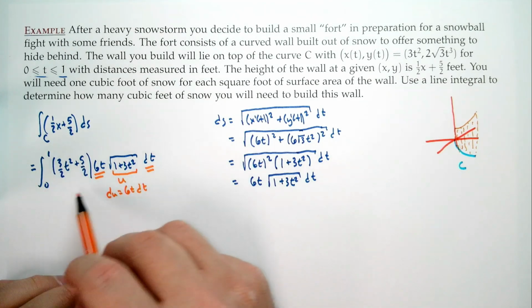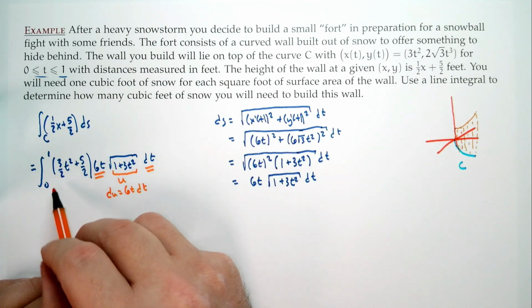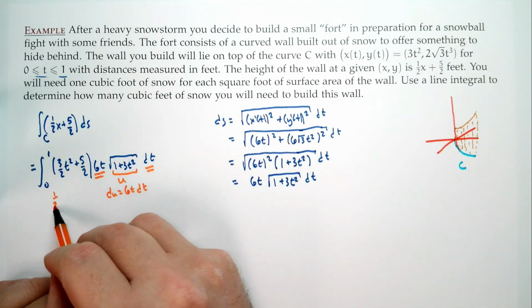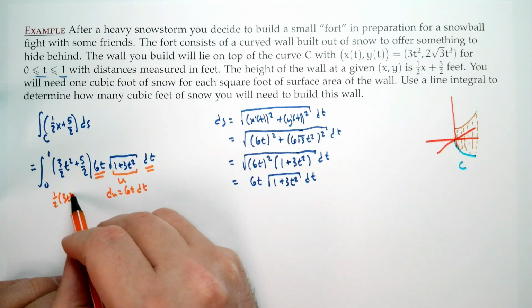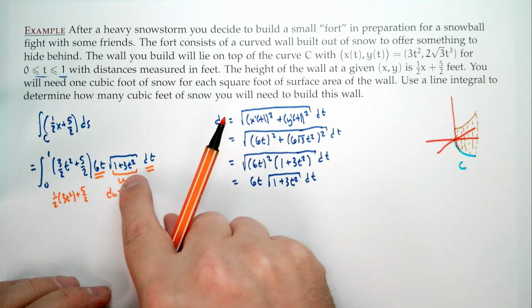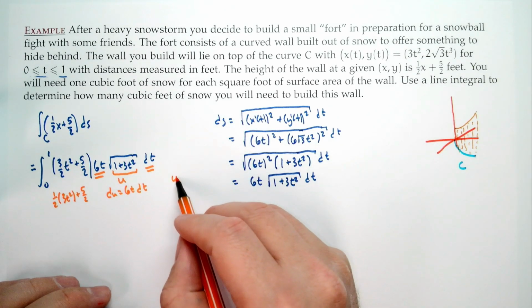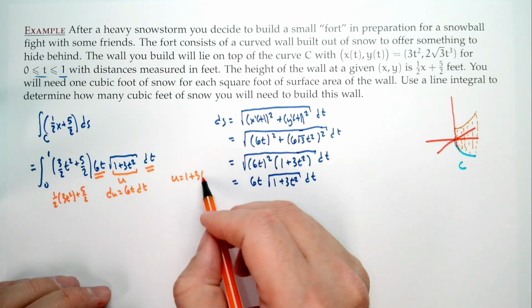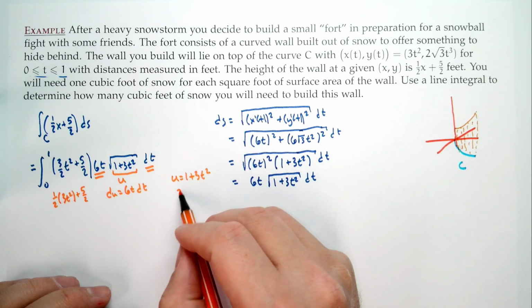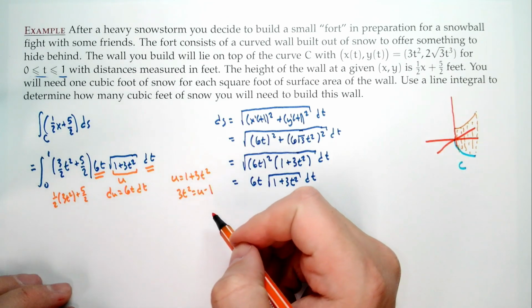Notice we have this other part here. Notice what we have: 1/2 times 3t squared plus 5/2. The reason we do that is, let's do it to the side here, u is 1 plus 3t squared. So 3t squared is u minus 1.